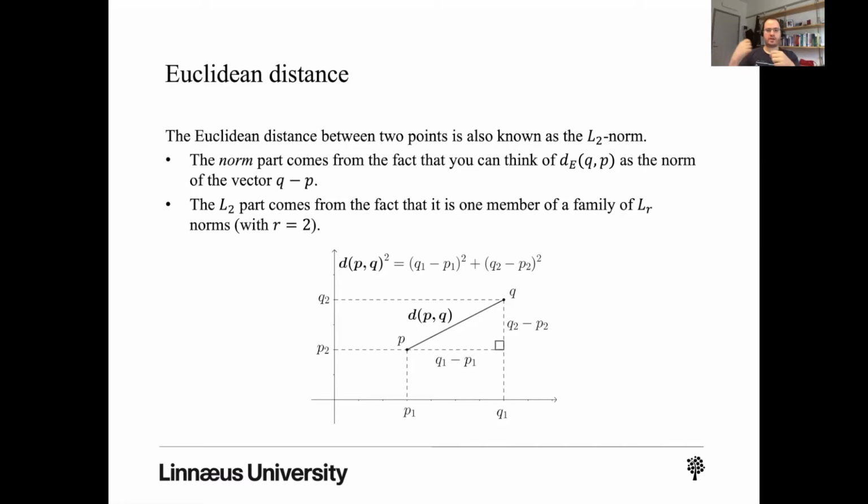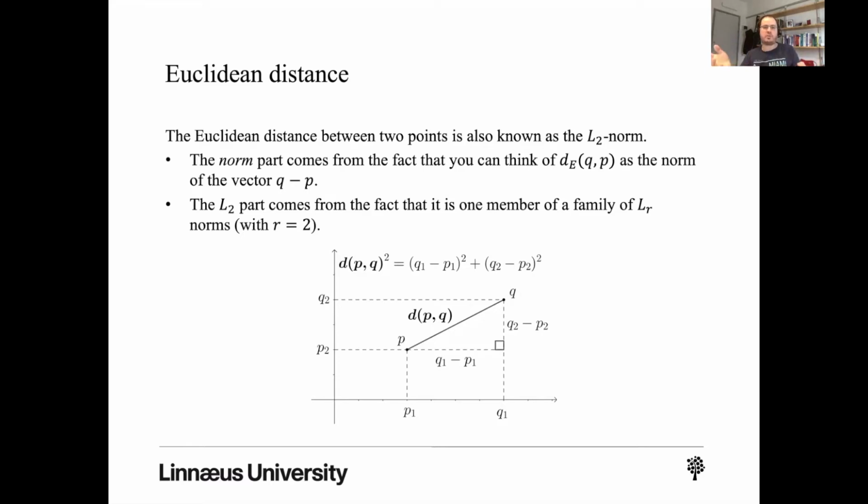When you do q minus p, you get a vector. That's vector operations, right? You have two vectors and you subtract or sum them, you get another vector. And that's the vector q minus p. Then if you take the norm of that vector, and I guess you know a little bit of linear algebra to know that a norm basically means the length of the vector, right?